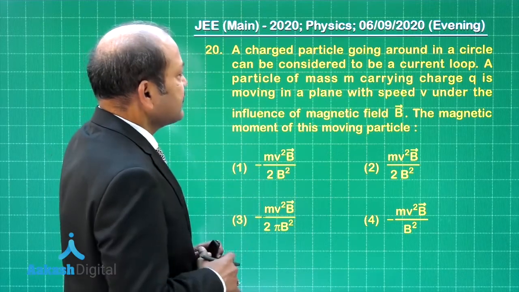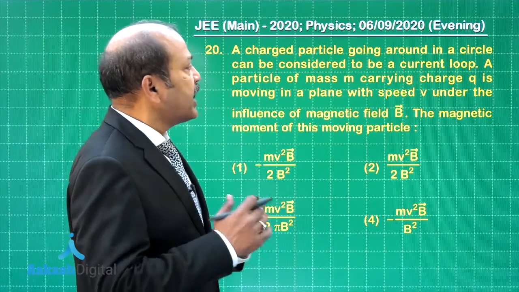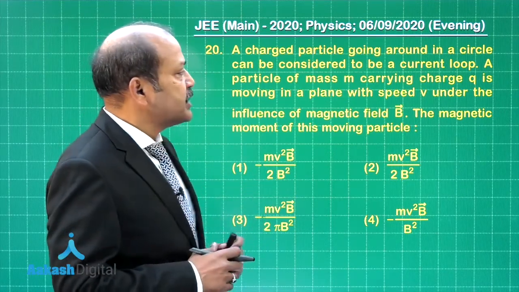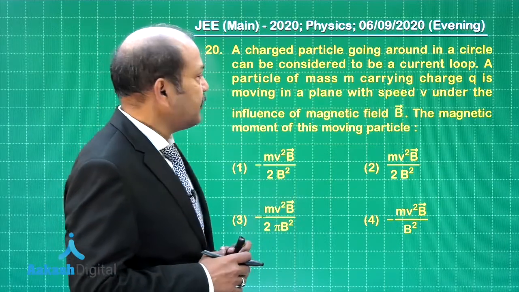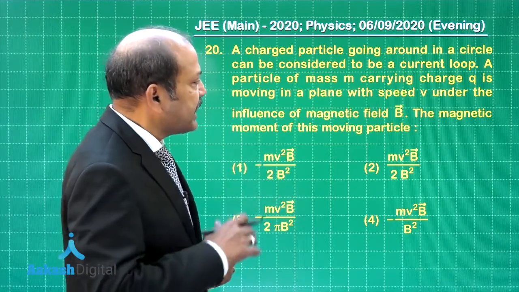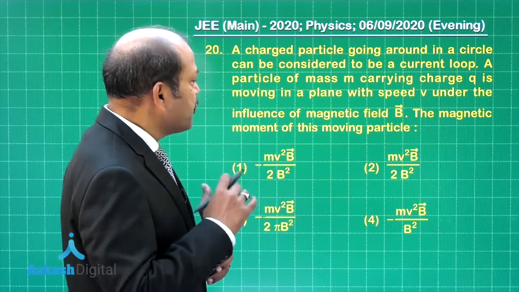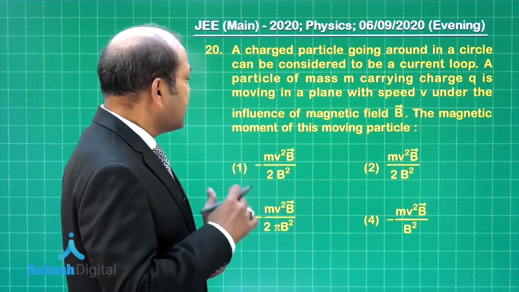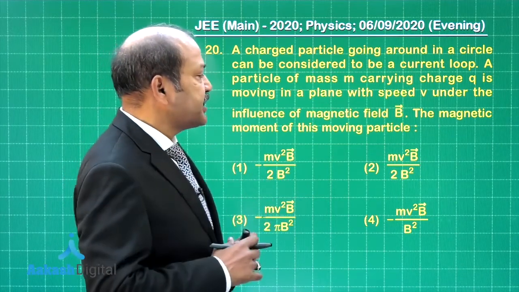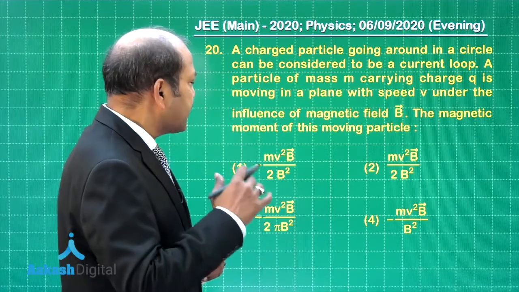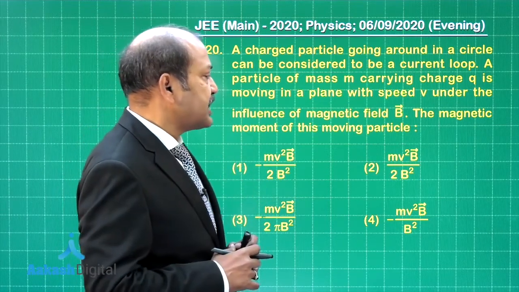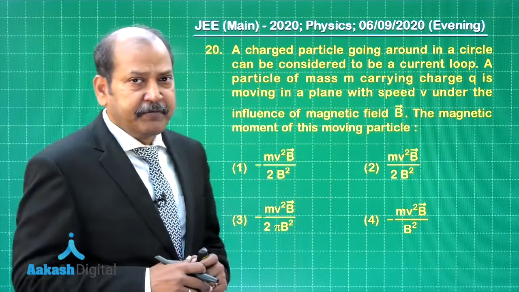Question 20 says a charged particle going around in a circle can be considered to be a current loop. A particle of mass m carrying charge q is moving in a plane with speed v under the influence of magnetic field B. The magnetic moment of this moving particle, the four options are given.